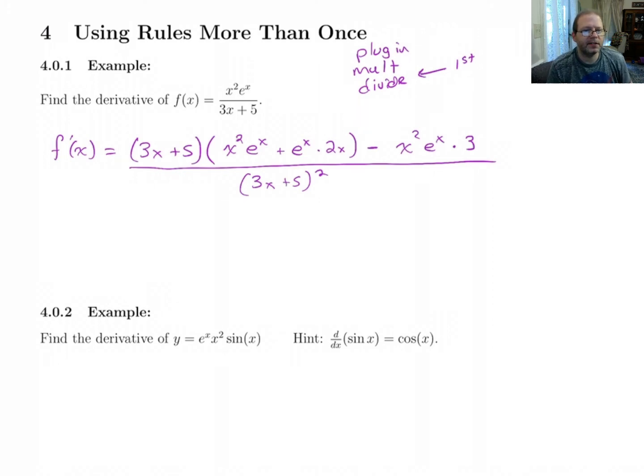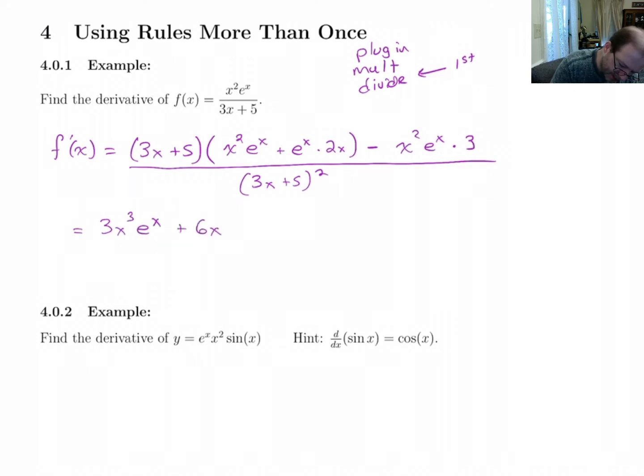Now let's clean this up a bit. Let's not try to do anything fancy. Let's FOIL this out. First is going to give us 3x cubed e to the x. Outside is going to give us 6x squared e to the x.